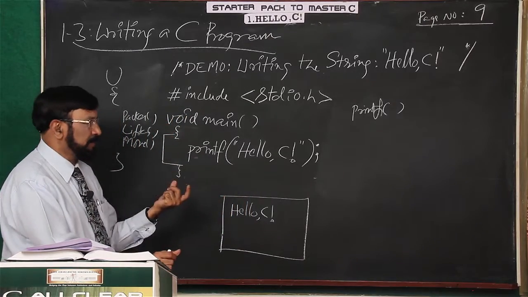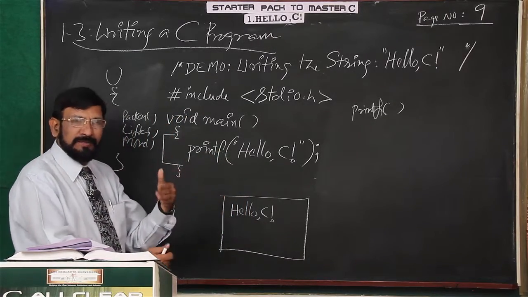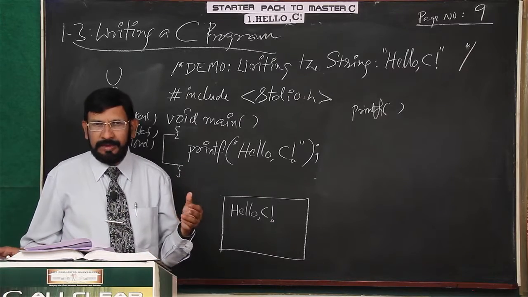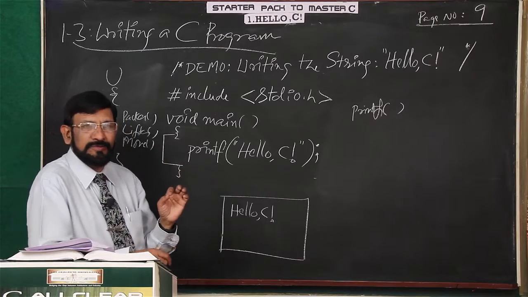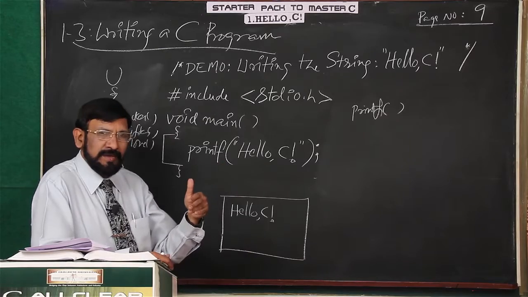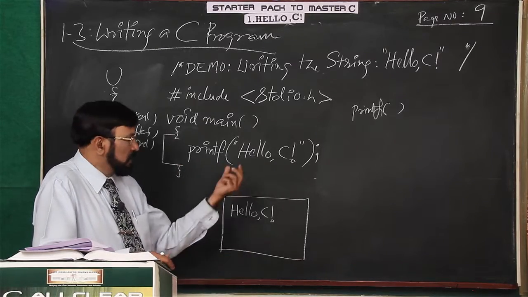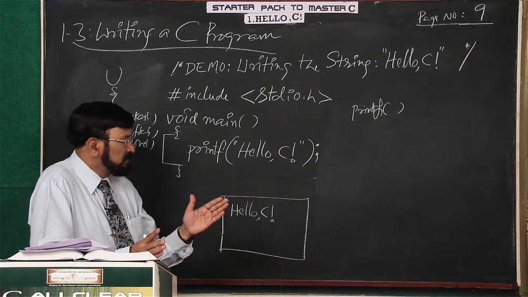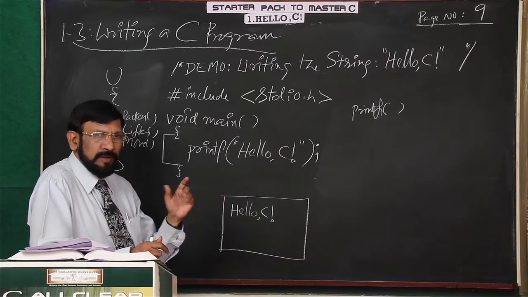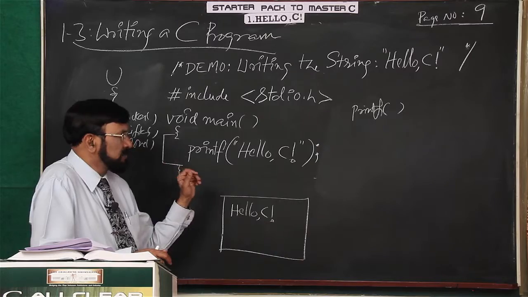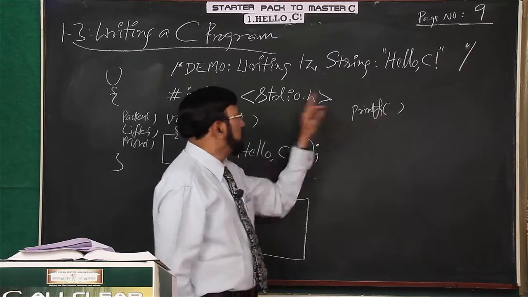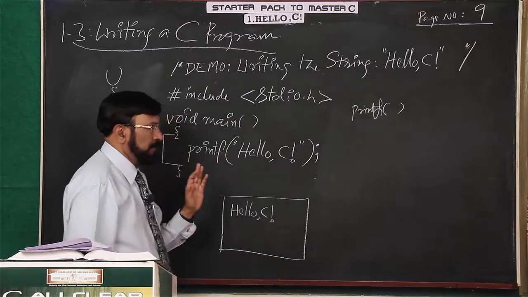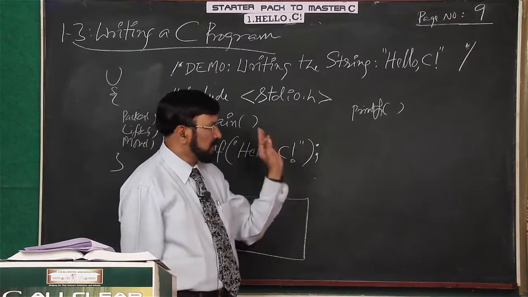Syntax means grammar. So, computer language also has a grammar. Those are called syntax rules. Human language has grammar rules. In the same way, every computer language has certain syntax rules, grammar rules, called syntax rules. So, main calls printf, and you have to follow certain grammar.